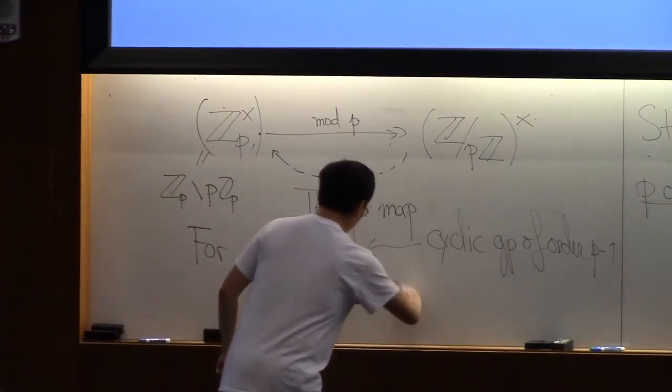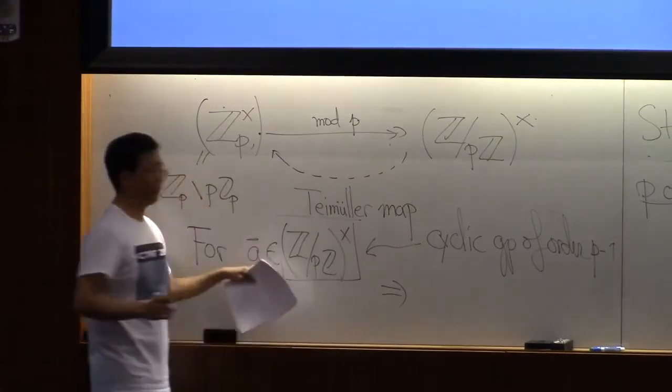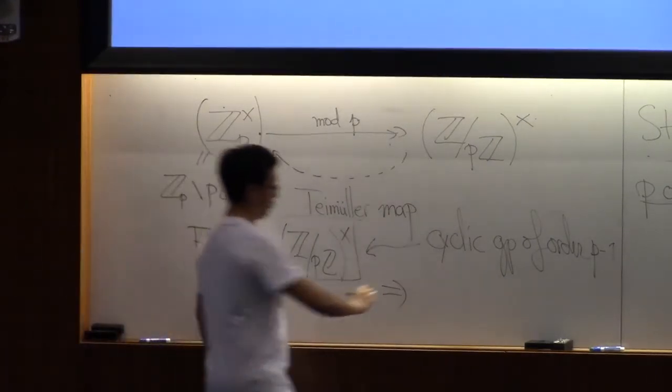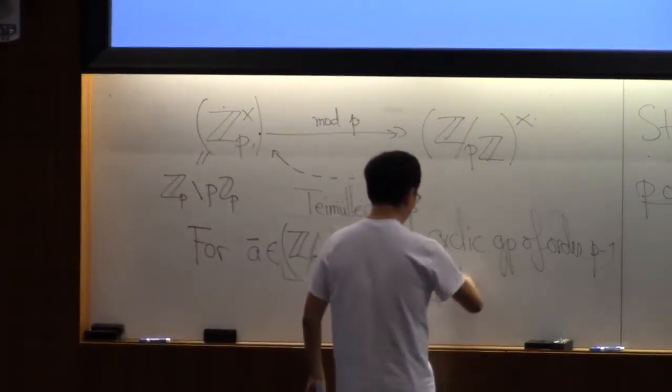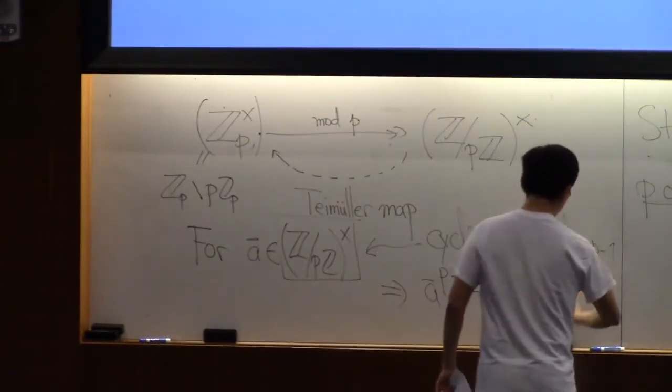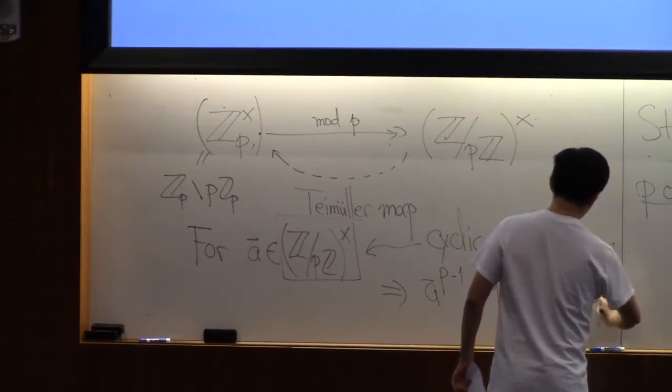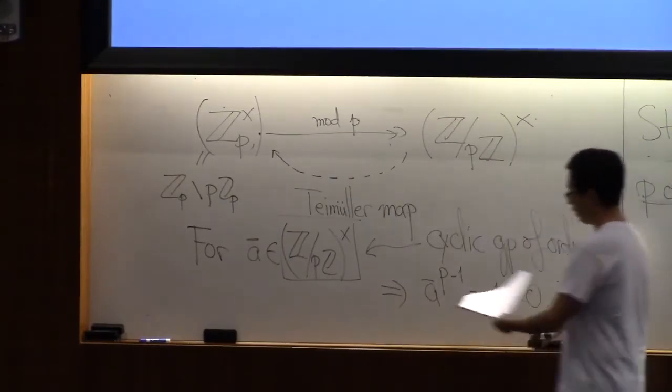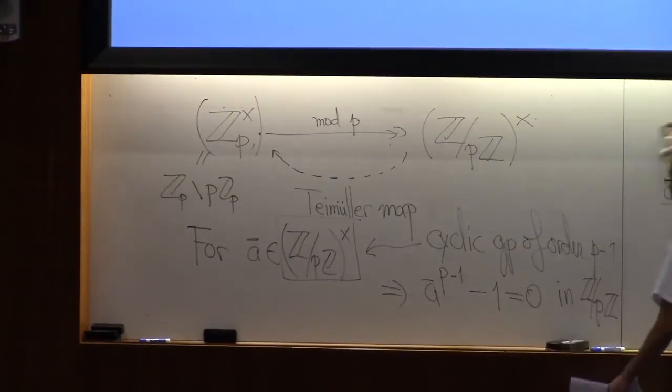Oh, sorry, maybe I'll put a bar here to indicate this is mod p. So that means that a bar to the p minus 1 is 1 in Z/pZ. By Lagrange's theorem, every group element raised to the order of the group is the identity element.